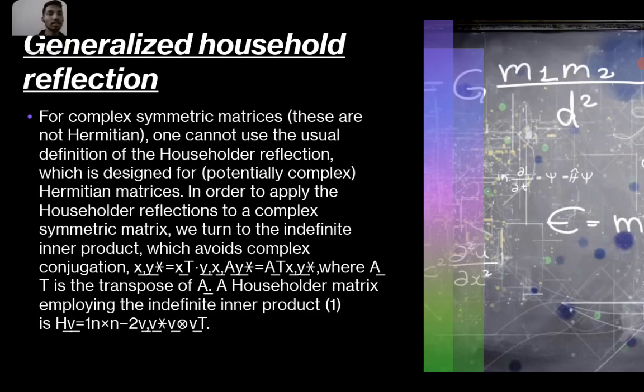For complex symmetric matrices, which are not Hermitian, one cannot use the usual definition of Householder reflection, which is designed for potentially complex Hermitian matrices.